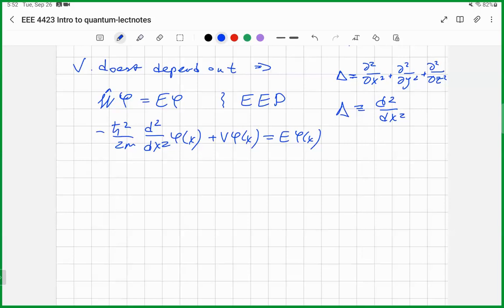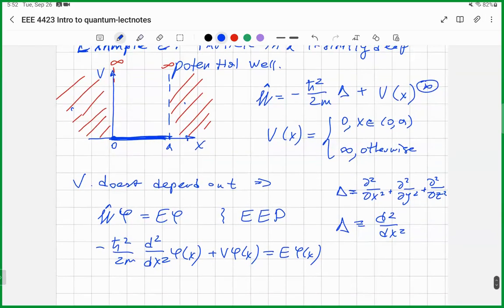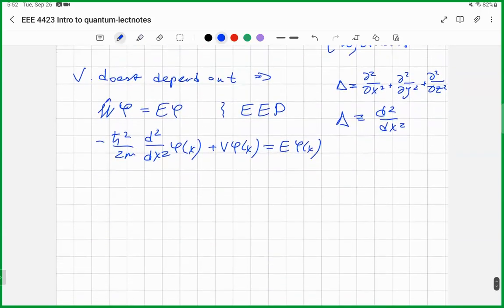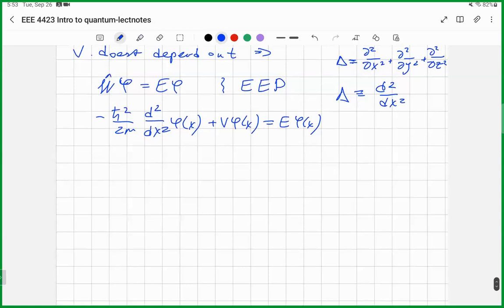Typically you need to solve this in different areas, for example area 1, area 2, and area 3, and then connect the solutions on the boundaries. But now, since the particle is not allowed to go to areas 1 and 3, we can only solve this equation in area 2, inside. Let's write this down.